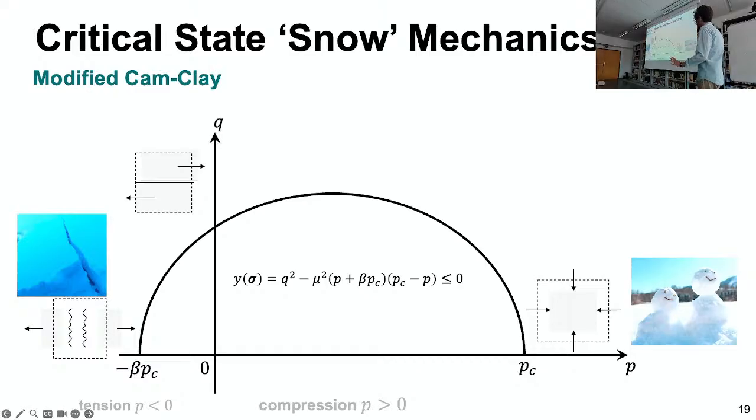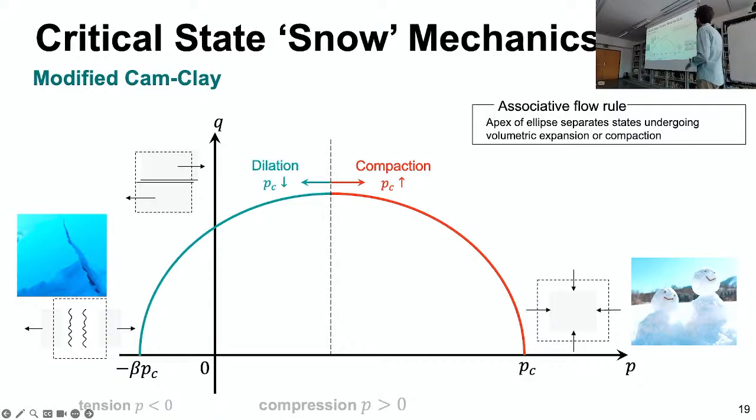So that's our yield surface. What about the flow rule? We choose an associative flow rule. And doing the same kind of calculations that I showed you earlier for the Drucker-Prager, you can then deduce that certain plastic states will undergo dilation and other parts will undergo compaction, volumetric compaction.